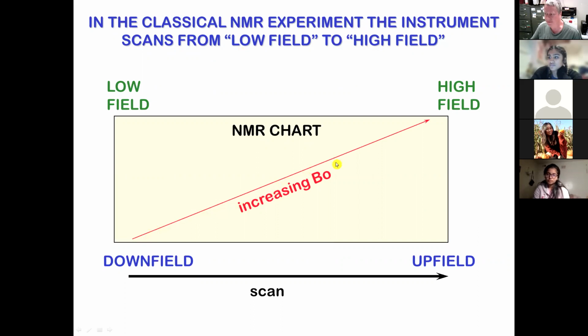They change the magnetic field strength from low field to high field, and the frequency changes as the field strength changes. You're detecting absorbance throughout this series, and so you get a spectrum of the different absorbances.